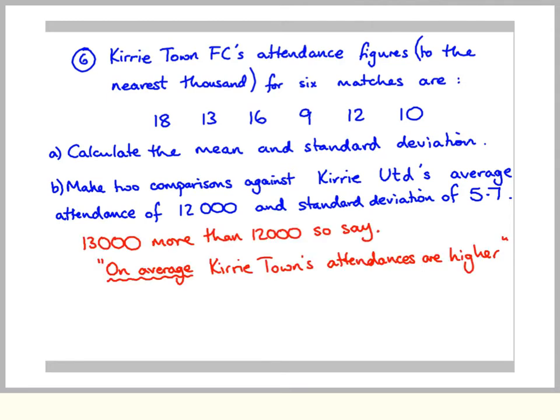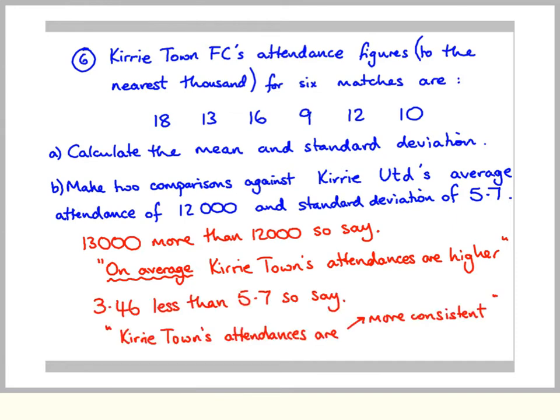You can obviously see that Kiri Town's mean is higher than Kira United, so you'll say on average Kiri Town's attendances are higher. As far as the standard deviation is concerned, 3.46, which you've calculated, is less than 5.7, so you say that Kiri Town's attendances are either more consistent or you could say they're less spread out.